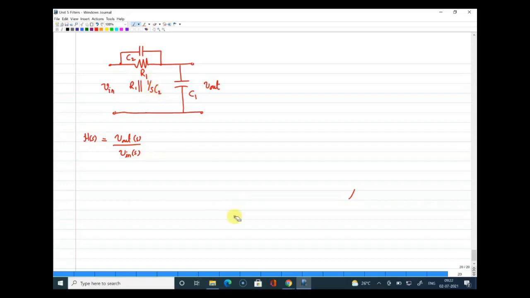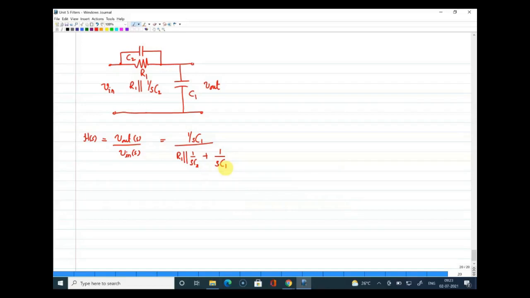The rest of the things remain the same. The output is across the capacitor, so it is 1 by SC1 divided by the total, which is the simple voltage divider itself. Previously you had a single resistance, now you have a resistor capacitor combination. So this is R1 parallel to 1 by SC2, the whole thing, plus 1 by SC1.